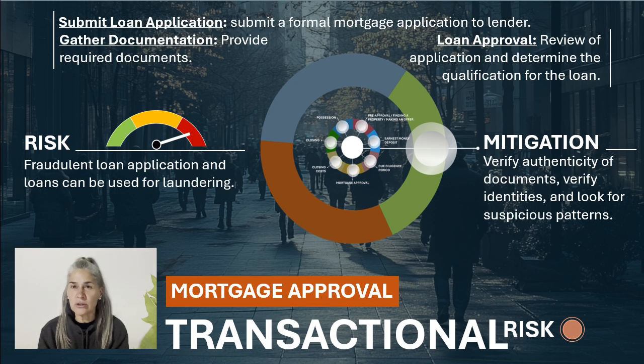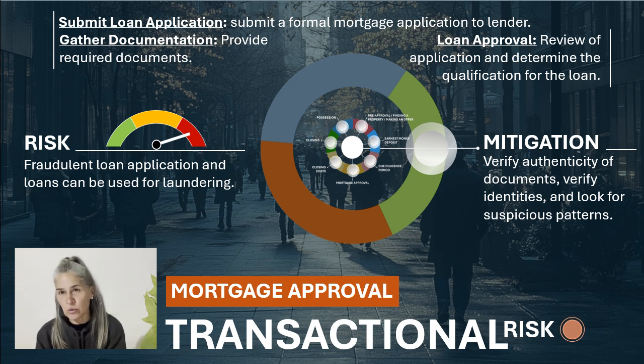The mortgage approval phase also represents a high risk. At this stage, we see the submission of loan applications, where we submit a formal mortgage application to the lender. We also have the gathering of documentation, where we provide required documents.